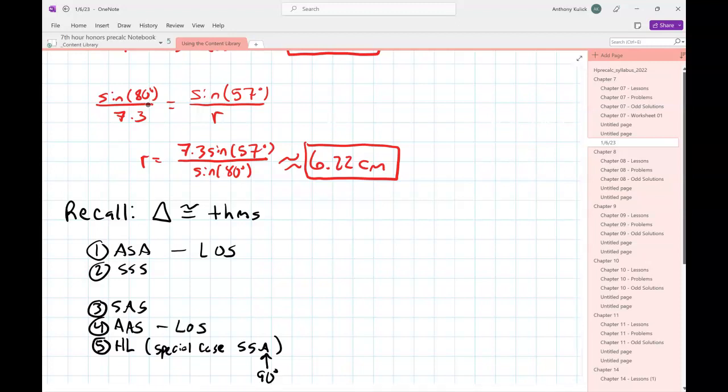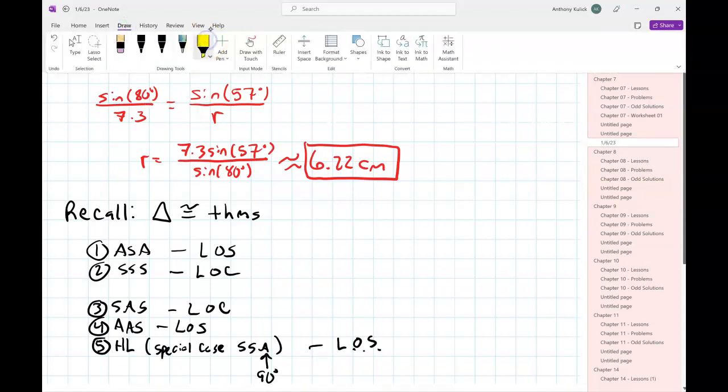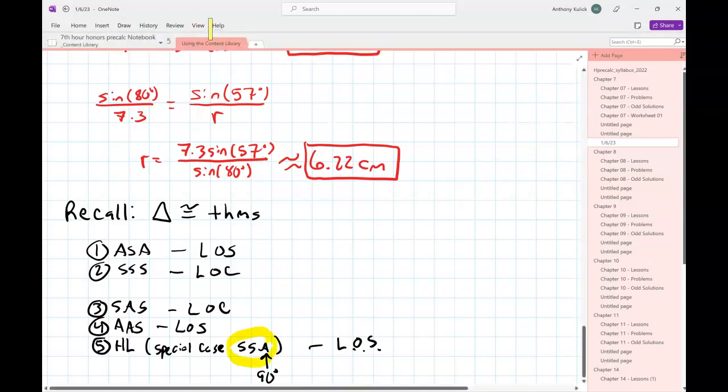Make a spot. Those are law of sine situations. These two are law of cosine situations. This is also a law of sine situation. But really, it's the SSA that's the law of sine situation.